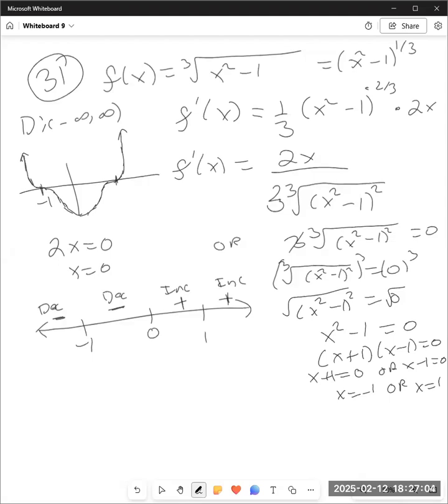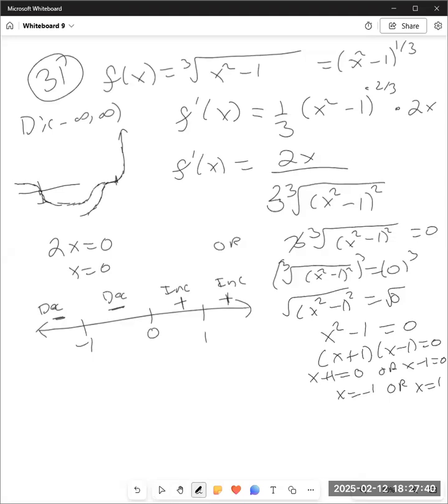But since the derivative is undefined at -1 and 1, it actually has to go slightly vertical. So it has to go more like this, decreasing, decreasing, and then increasing.